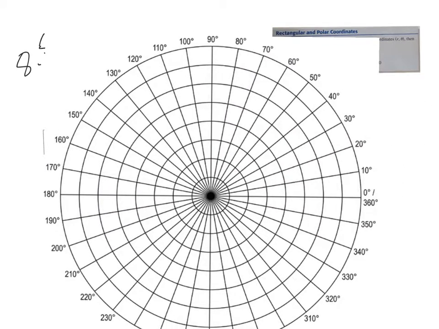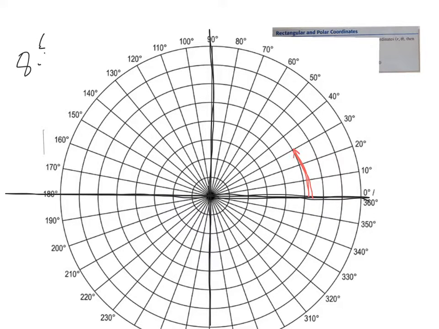Instead of going over this many x and up y, which is real hard not to get confused with, here's my x-axis basically, and here's my y-axis at 90 degrees. You kind of superimpose this polar coordinate system on your x-y axis, and you first of all take your angle.